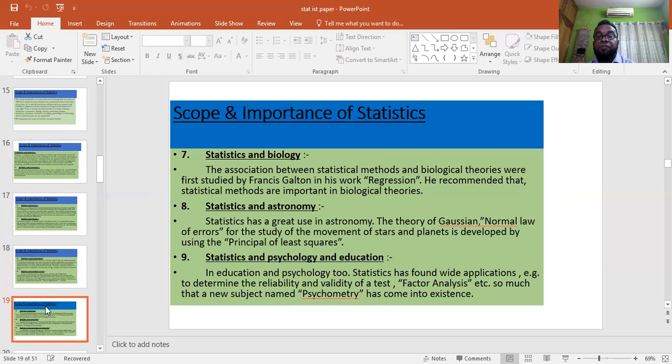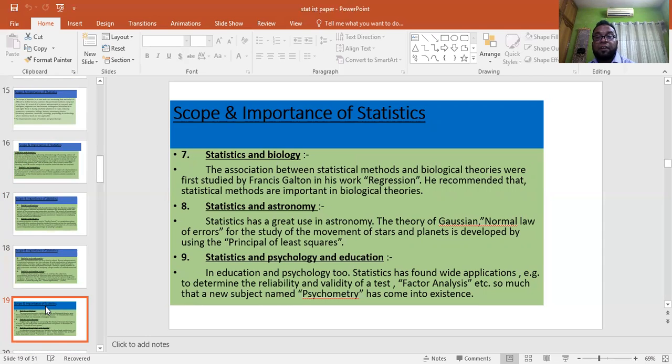Statistics has a great use in astronomy. The theory of the Gaussian normal law of errors for the study of the movement of stars and planets was developed by using the principle of the least square method. You have the method of least squares, which will be discussed in second year, and this belongs to statistics.